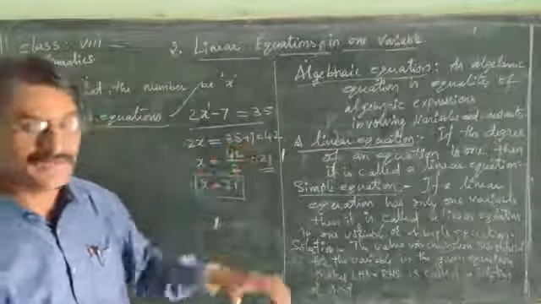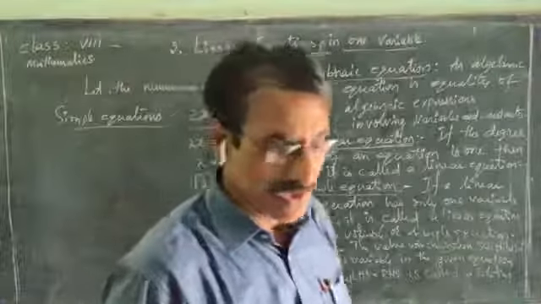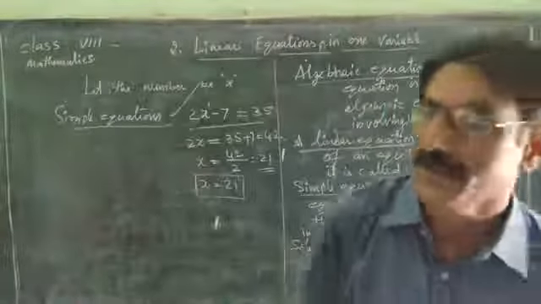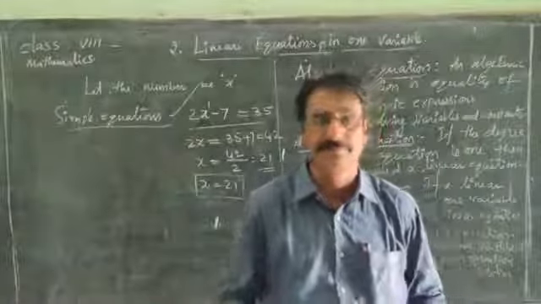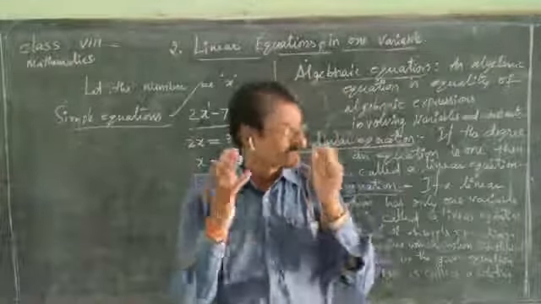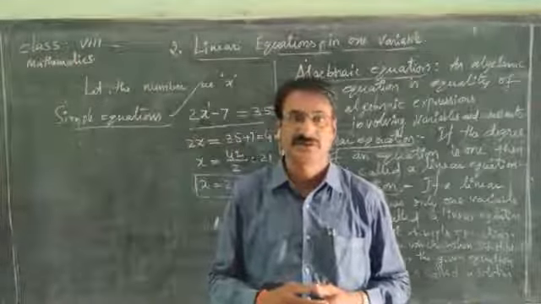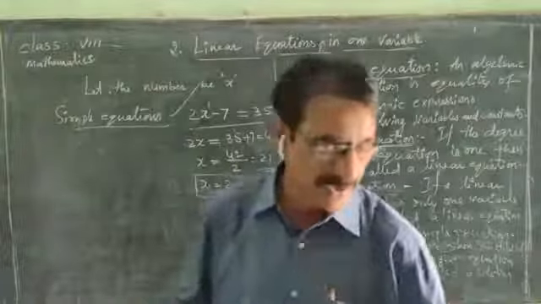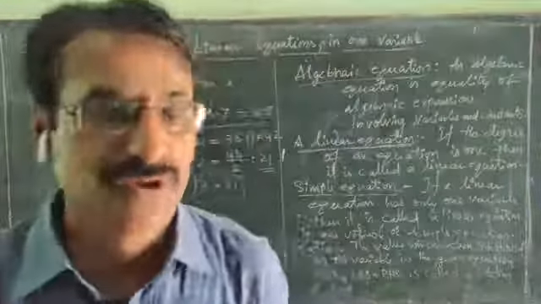When we transpose terms from one side to another side, the sign will be changed. We are going to observe how the signs change from one side to another side. You observe this table.